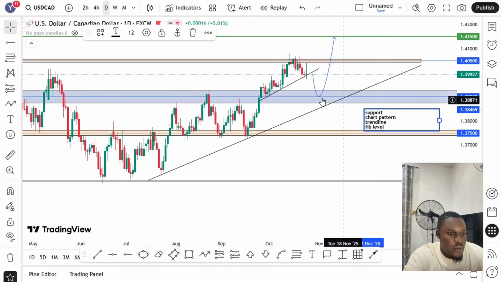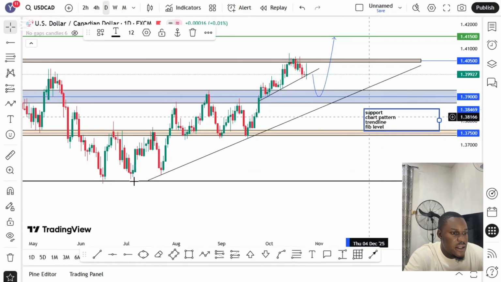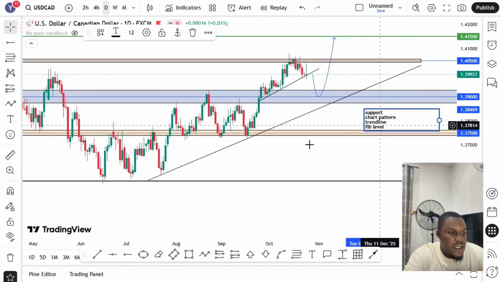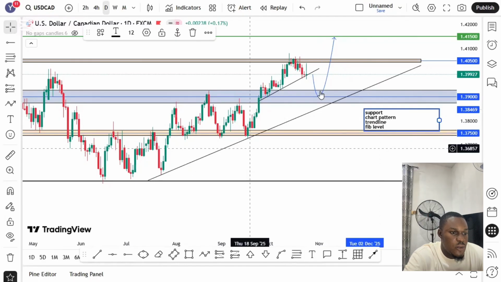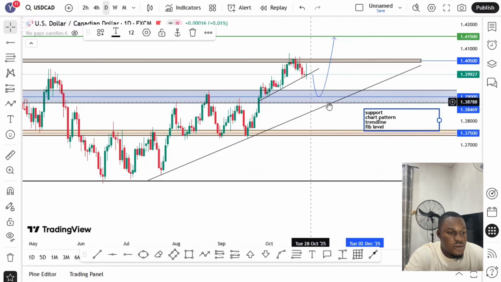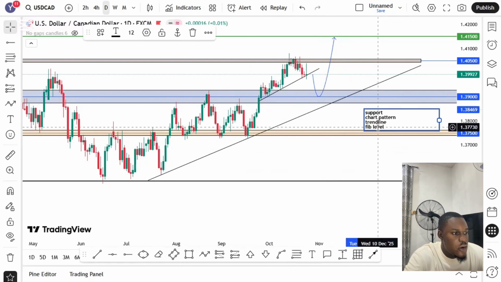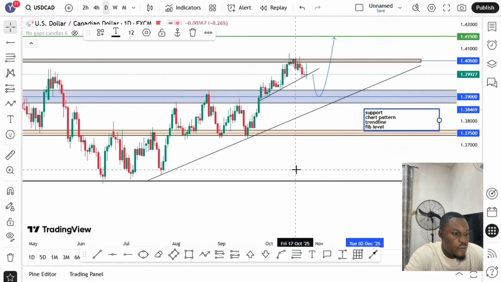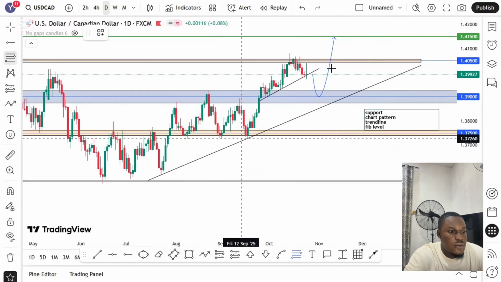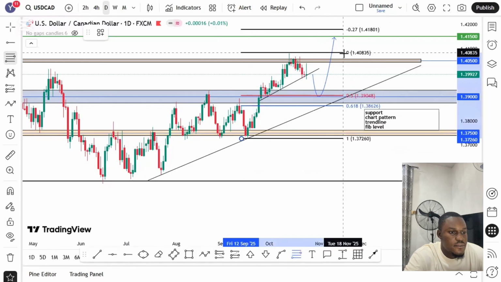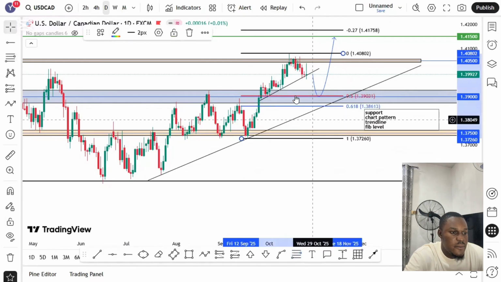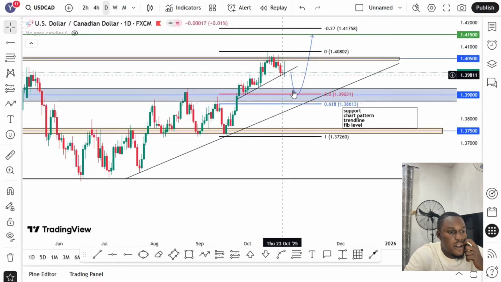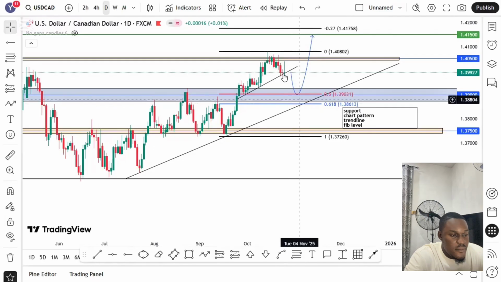We have the support, the chart pattern, the inverse head and shoulder pattern, then the trend line, which is this first or second touch. Maybe we can add the third touch around this level right here, and the number four confluence is our Fib level. If we take our Fib from swing low to swing high, you can see that our Fib level matches with our major support level.